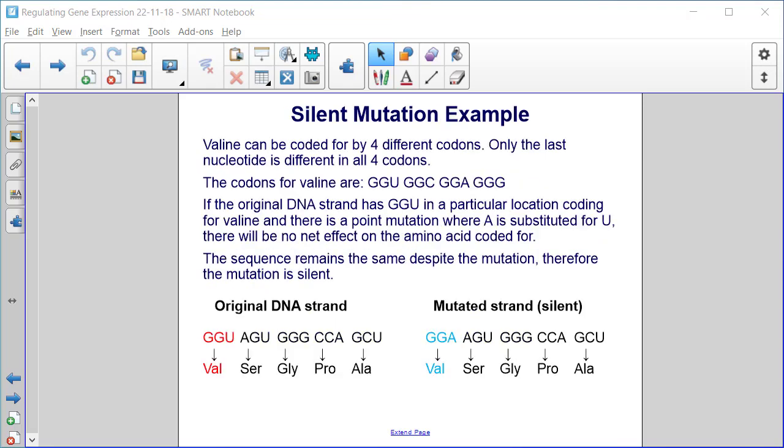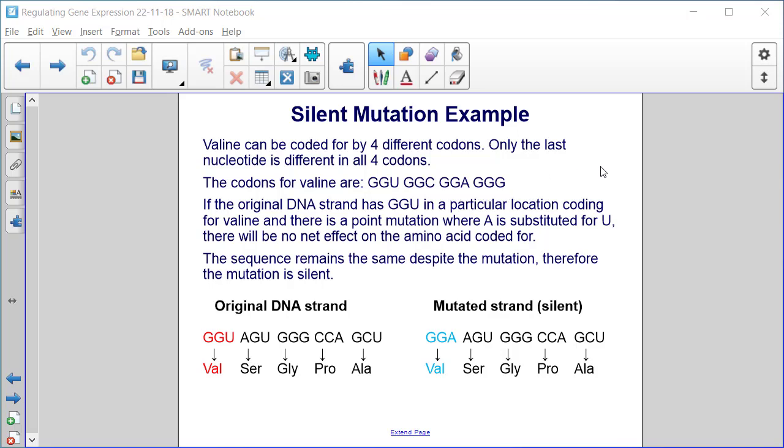Let's look at an example of a silent mutation. Valine can be coded for by 4 different codons. Only the last nucleotide is different in all 4. The codons for valine are GGU, GGC, GGA, and GGG.